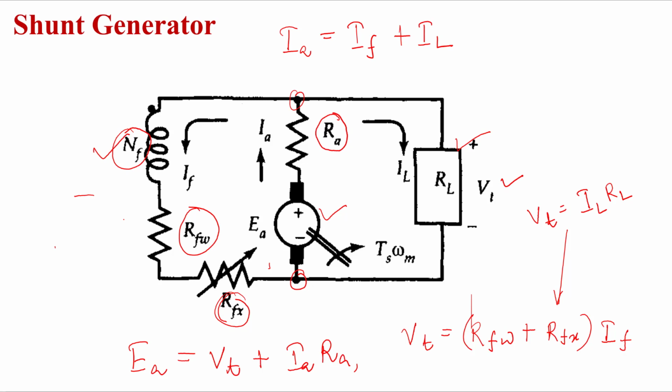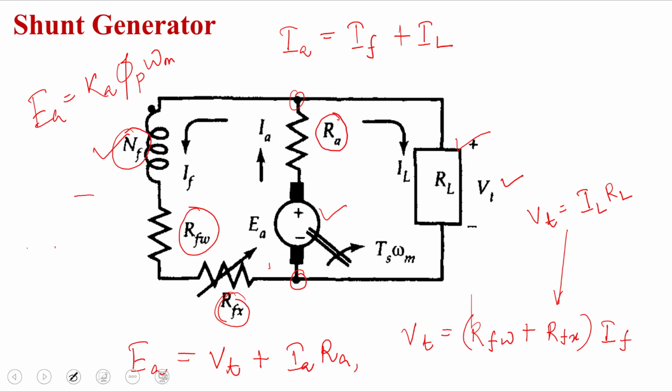E equals K phi P omega M, right? Okay, so how will it develop, you're telling? And phi equals BA.